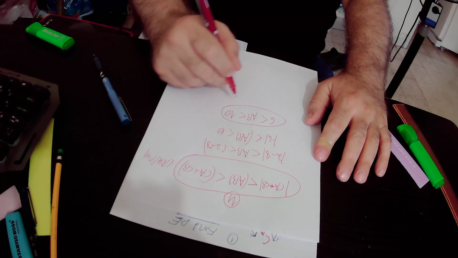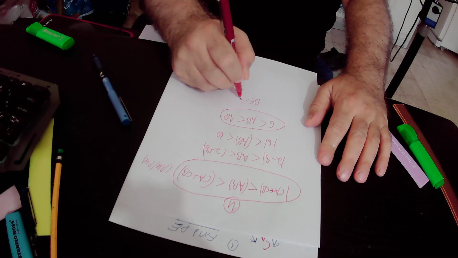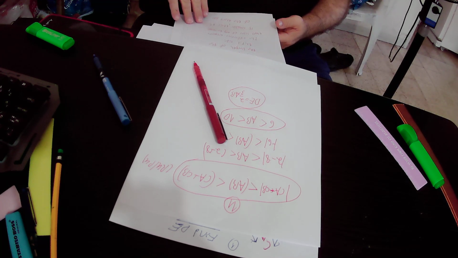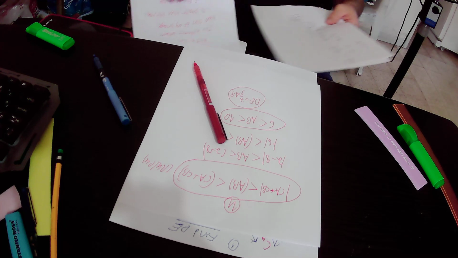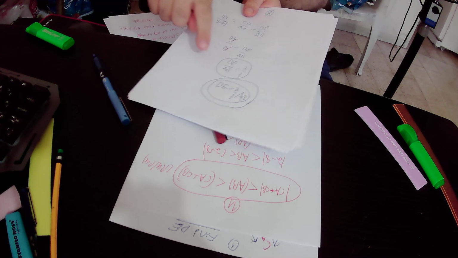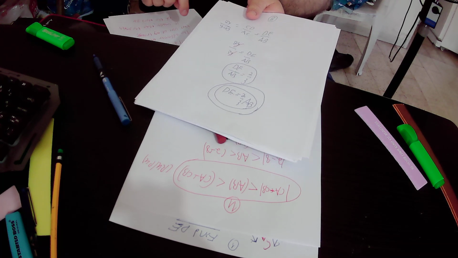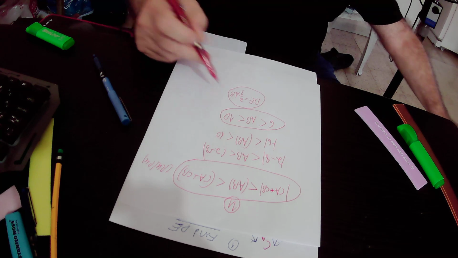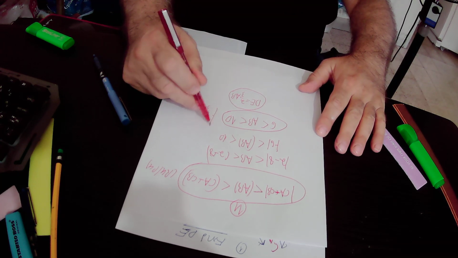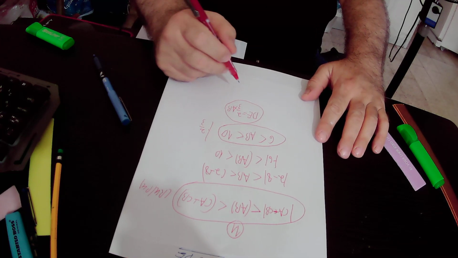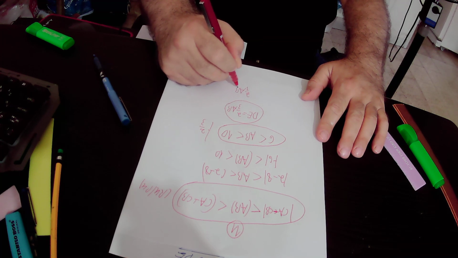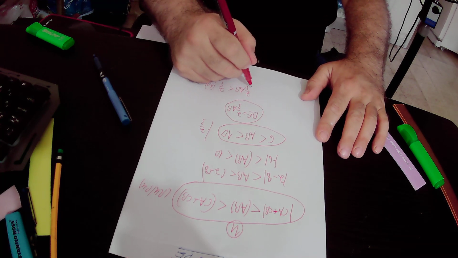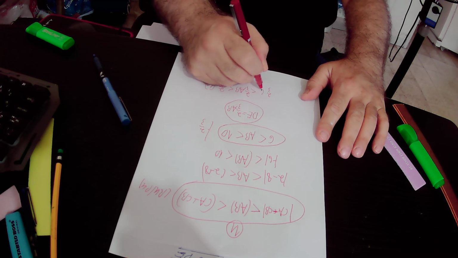Okay, but we have already found out that DE equals 2/3 AB. Okay? So here we will multiply this inequality by 2/3, and we will get that 2/3 AB will be smaller than 2/3 times 10 from one side, but from the other side it will be bigger than 2/3 times 6.